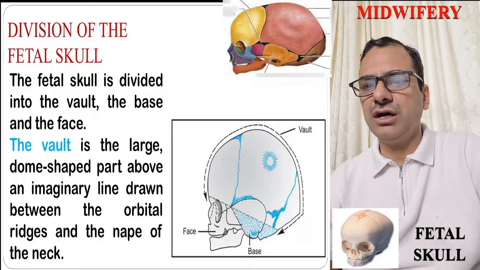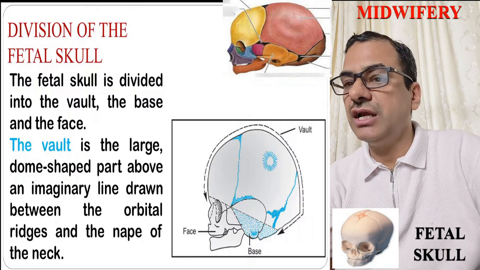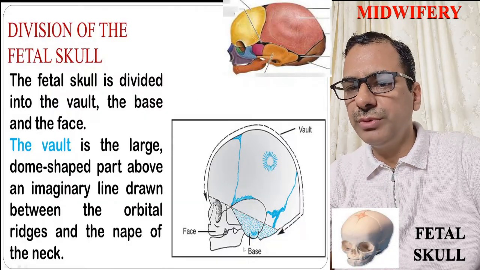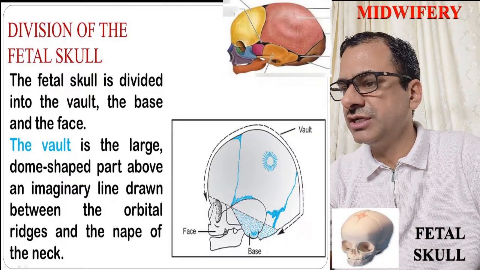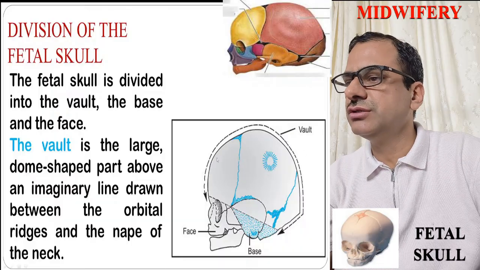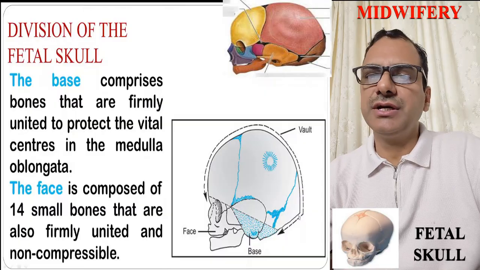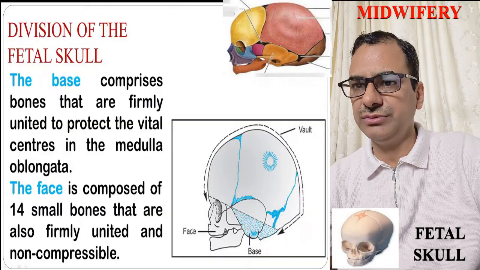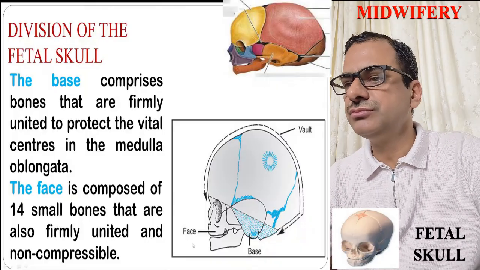The vault is the large upper dome-shaped portion which lies above the imaginary line drawn between the orbital ridge and the nape of the neck. So this is the imaginary line, and starting from this point, this is vault. Then the second part is base, which comprises bones that are firmly united to protect the vital centers in the medulla oblongata.